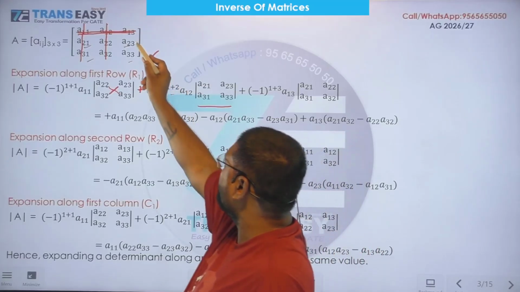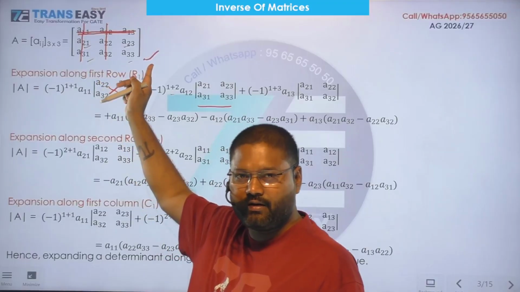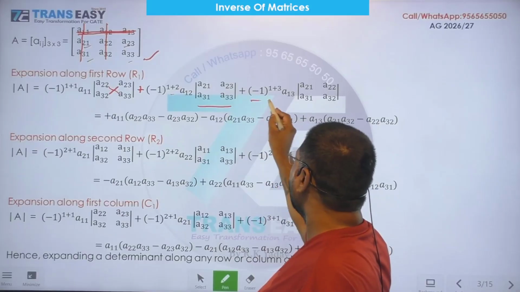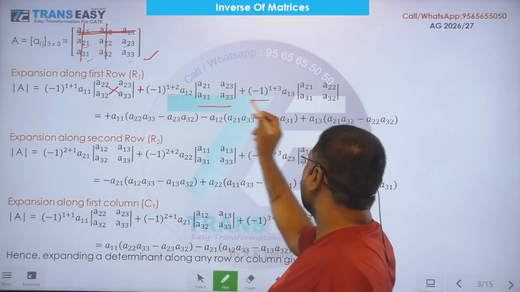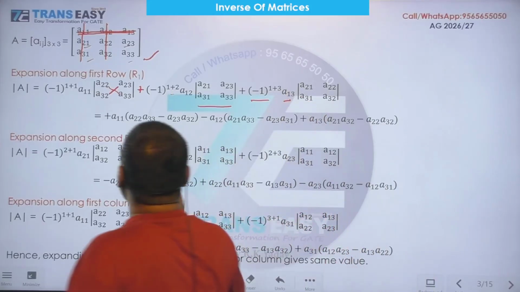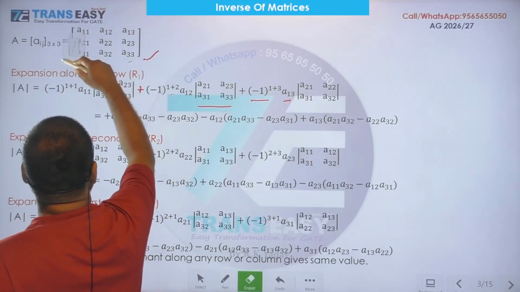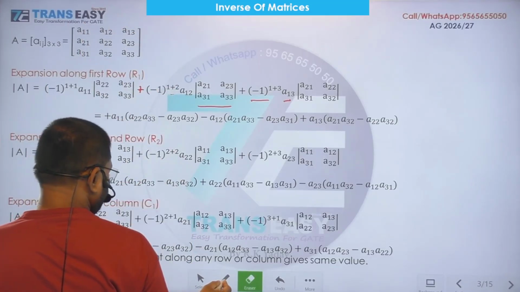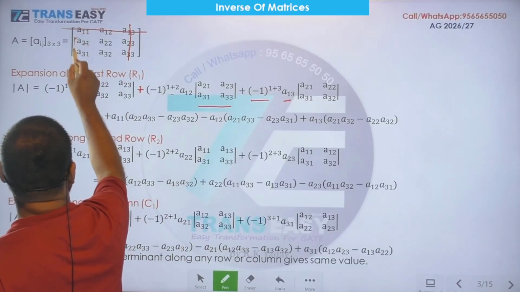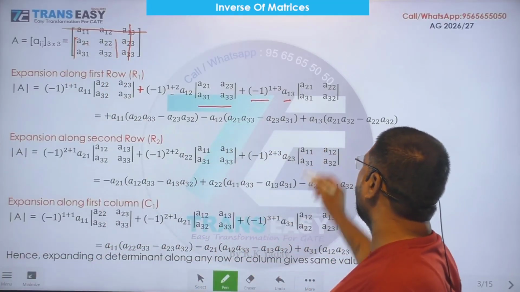Plus minus 1 raised to the power 1 plus 3. First row and third column element is represented by A13 into this A13, leaving row and column passing through this element, right? So we have this second order determinant, right?